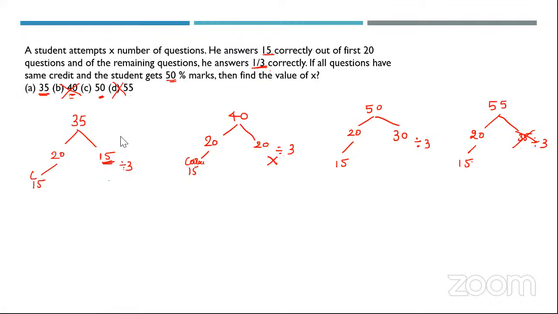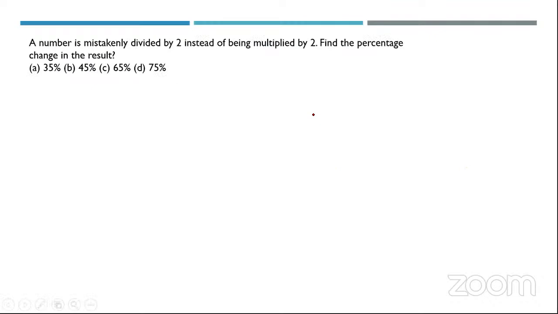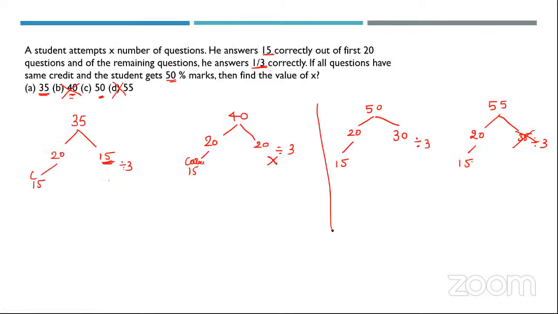So check 1. If 1 is giving you the answer, wonderful. If it is not giving you the answer, it means the other option will be your answer. So I'll check option 3. So out of 50, let's say 50 questions are there. Out of the first 20, he answered 15. And of the remaining, he answers 1/3 correctly. So 1/3 of 30 is equal to what? 10.